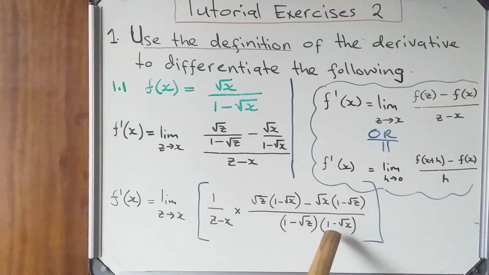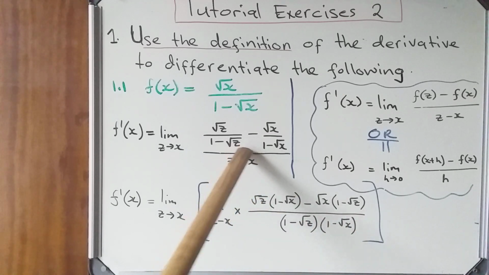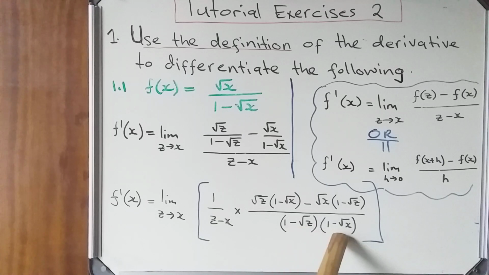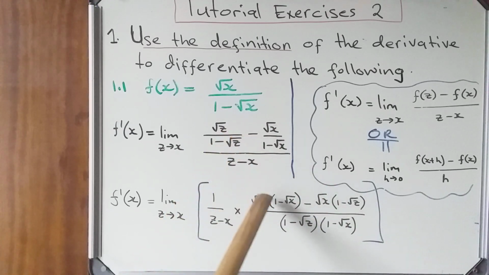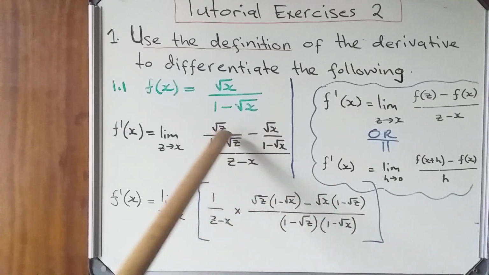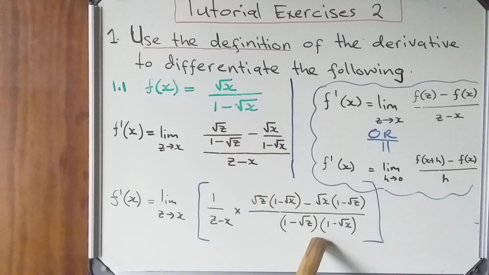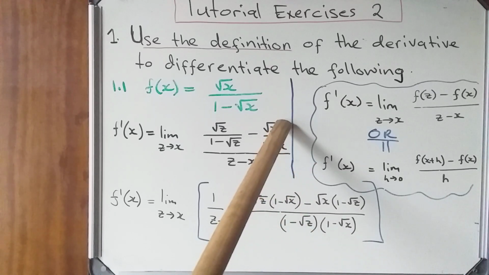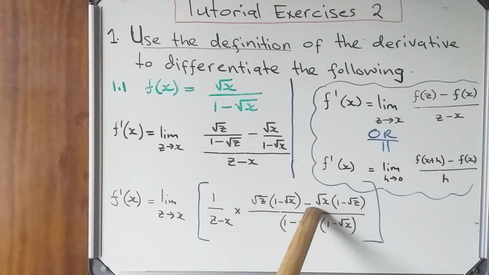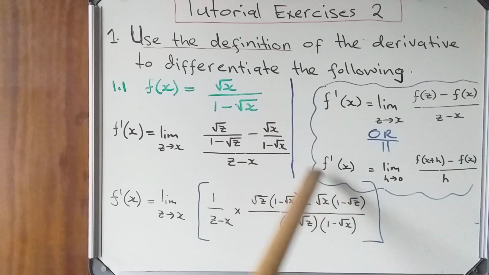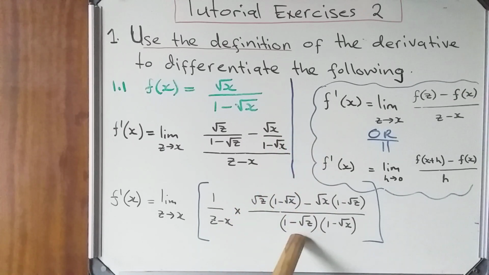This cancels with that, and we are left with 1 minus root of x multiplied by the numerator, and likewise 1 minus root of z multiplied by the other numerator.